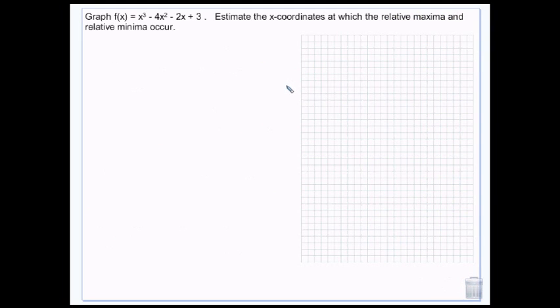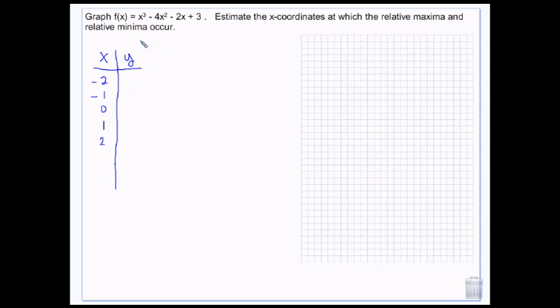We're going to estimate the relative maximum and minimums. So again, we're going to put in our lovely t-chart. And I'm going to start at -2 just to begin, and then we'll go further if we need to.